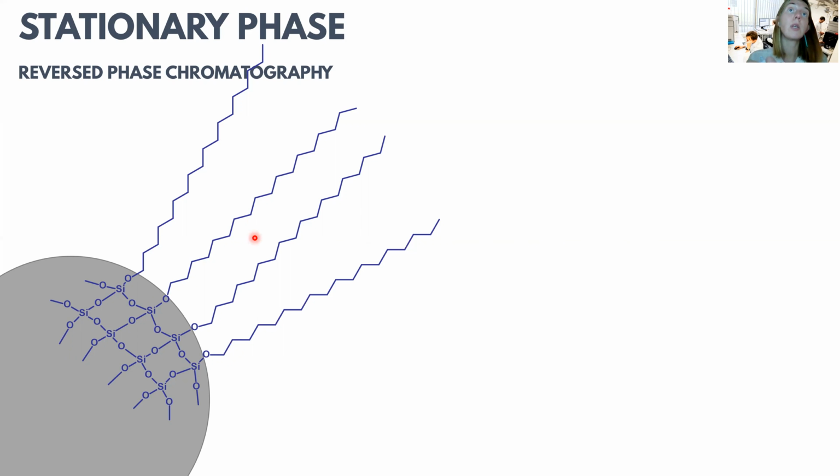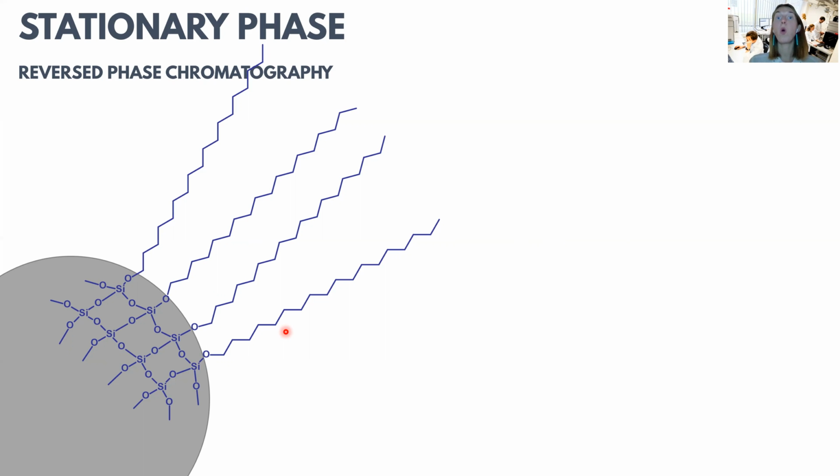So these particles are all smoothly covered with the C18 groups. It doesn't necessarily have to be C18, but C18 is by far the most common one. Also C8, so 8 carbon long alkane chains, are common, but C18s are most common.